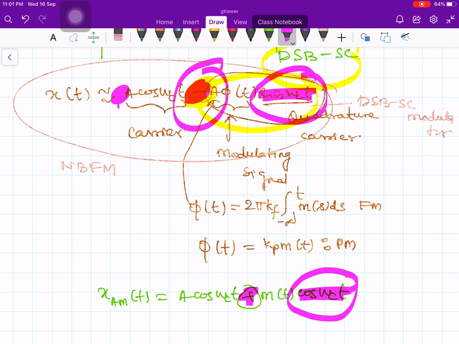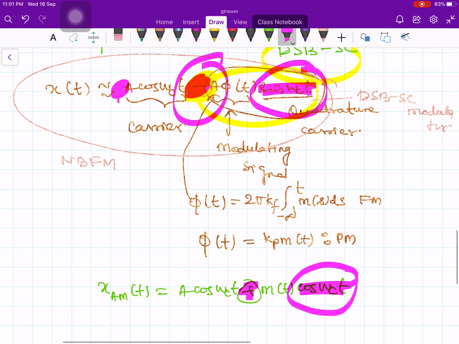If two signals have the same spectrum, normally you would think they would be the same signals, because the spectral and time domain descriptions are equivalent. One implies the other. But actually they are not identical. The spectral components are the same in terms of magnitude, but there is a difference in detail. It looks similar, but the difference is that AM uses an in-phase component and narrowband FM uses a quadrature component.